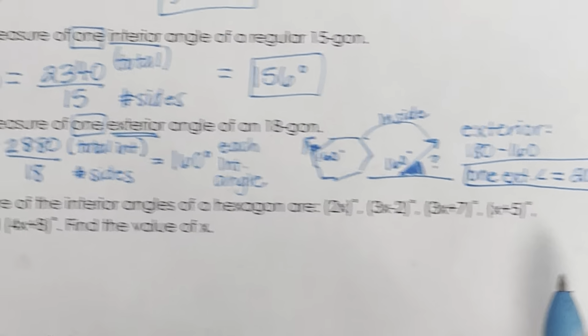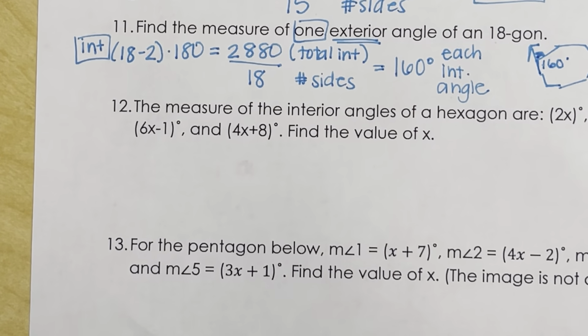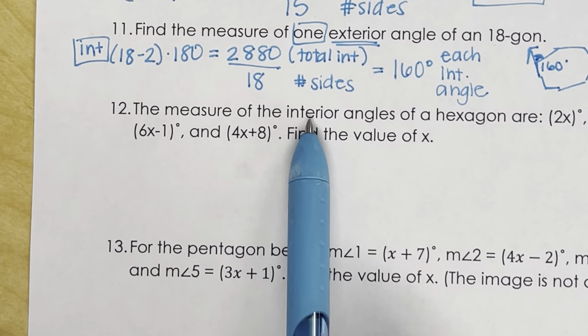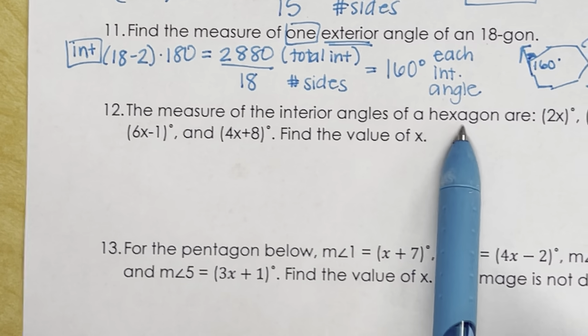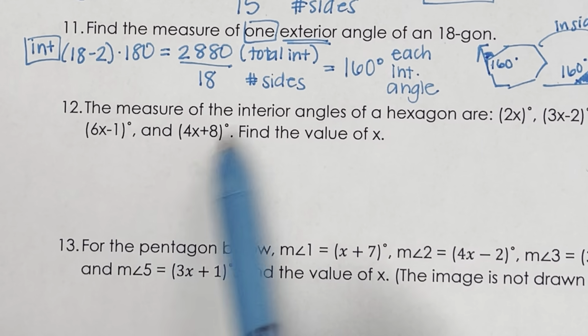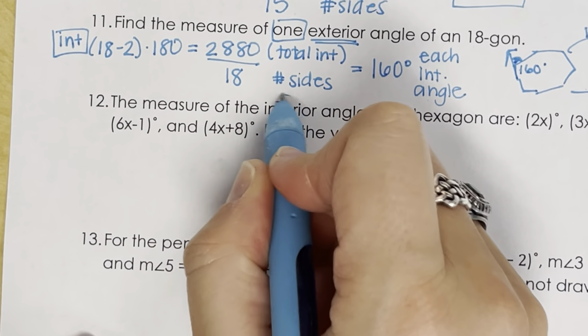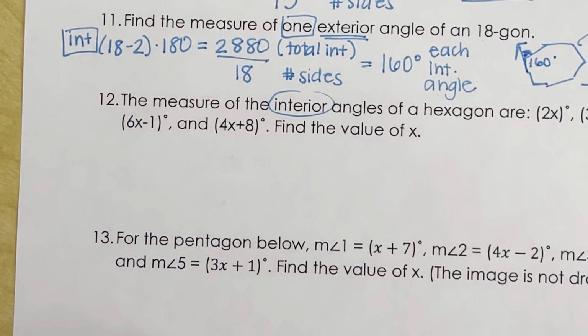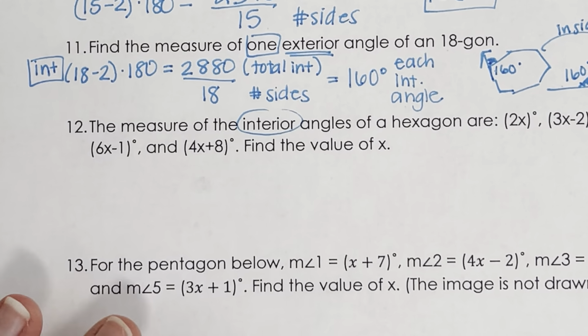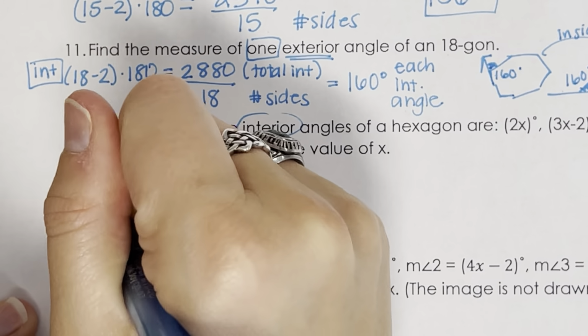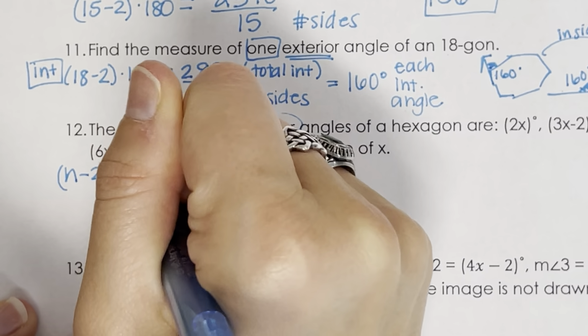Okay, almost done. Number 12. The measures of the interior angles of a hexagon are all these expressions. Find the value of x. Now, the equation for the total interior is n minus 2 times 180.